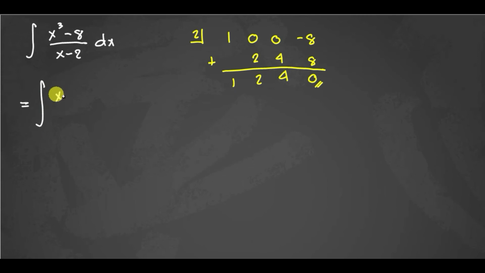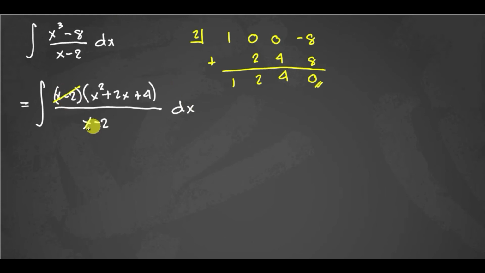Then rewriting the equation, we'll have x minus 2 times x squared plus 2x plus 4, all over x minus 2, dx. So we can cancel this out.